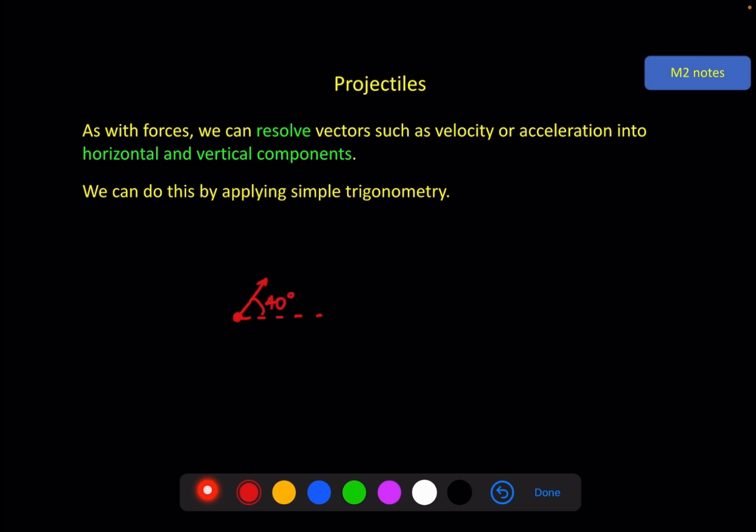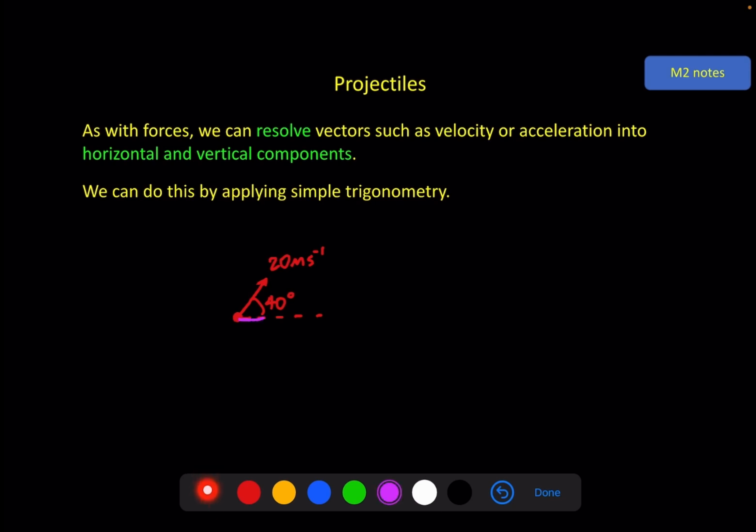And if the magnitude of the velocity is, let's say, 20 meters a second, then we need to be able to split this into its horizontal and vertical components. And it's exactly the same as you've done before with, as I said, for example, forces.